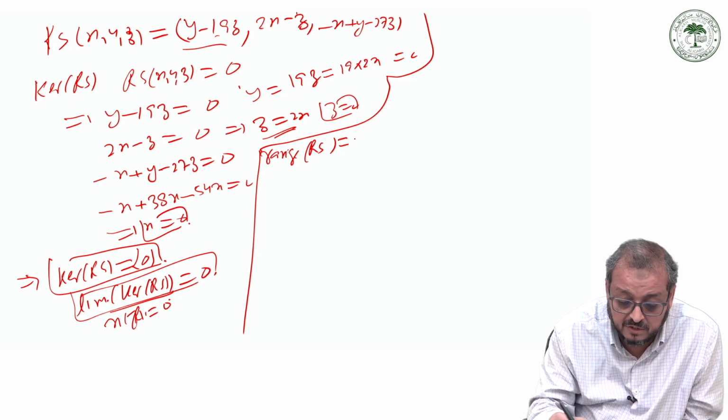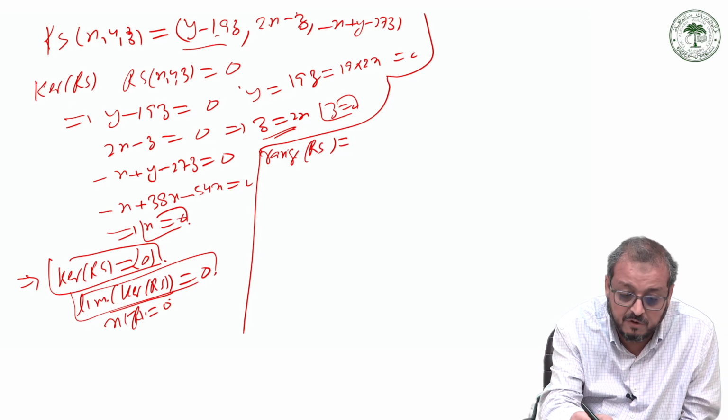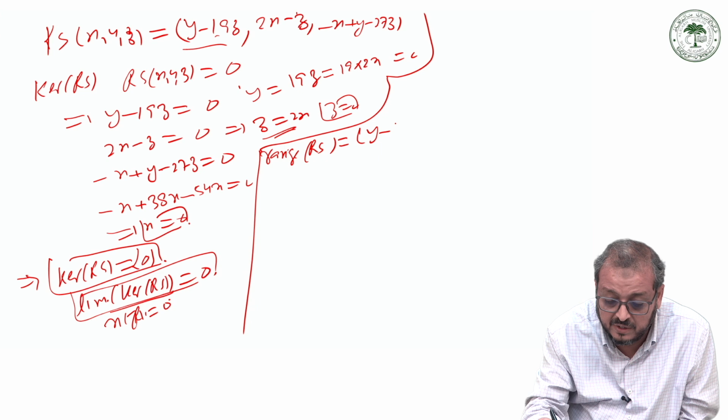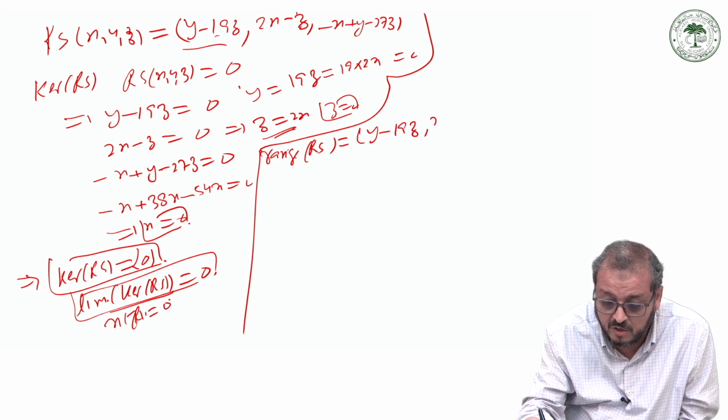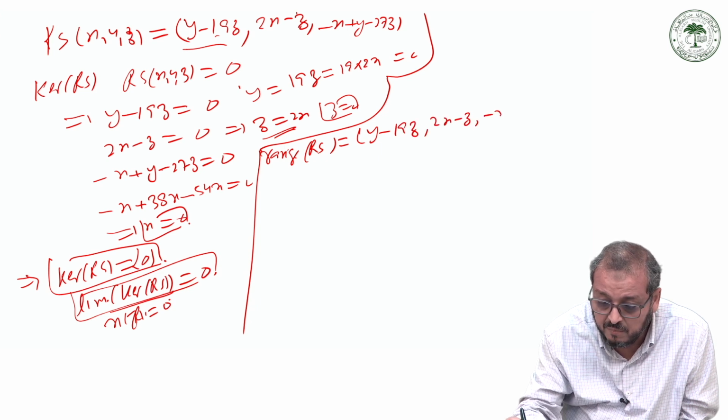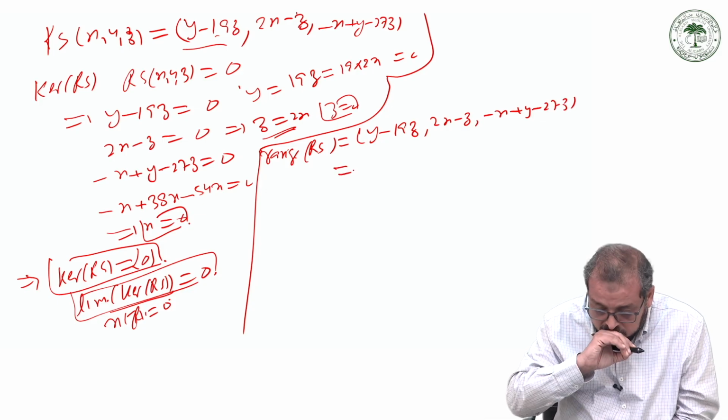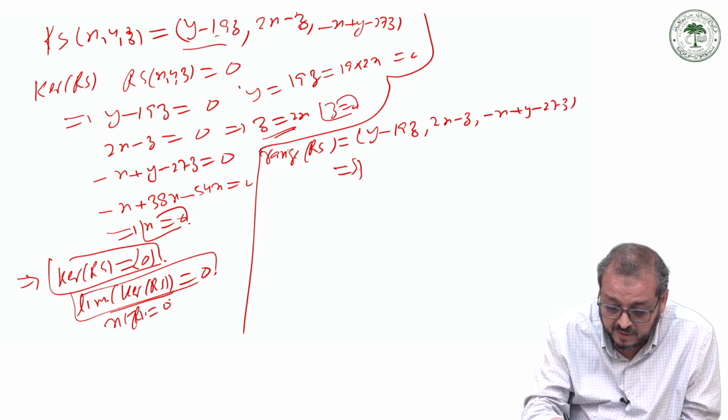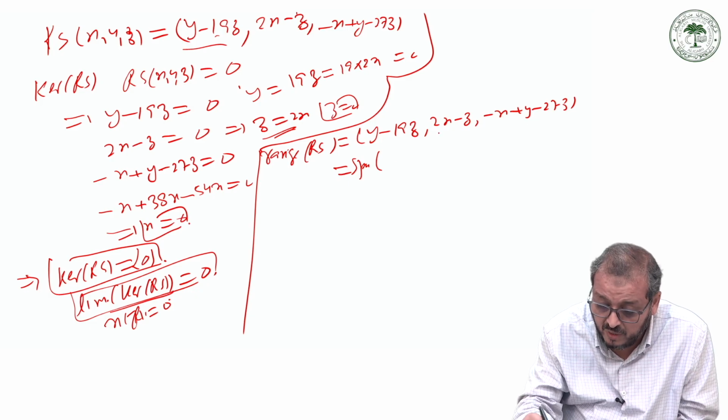So we just write it in this form. You have y minus 19z, then you have 2x minus z, minus x plus y minus 27z. This can be written in the form of a span.